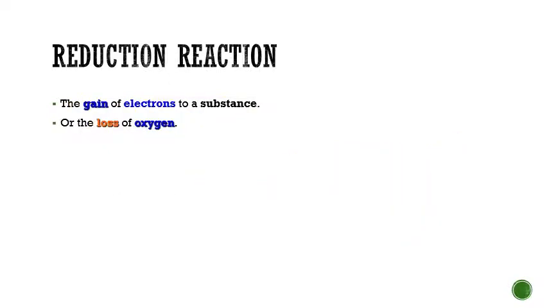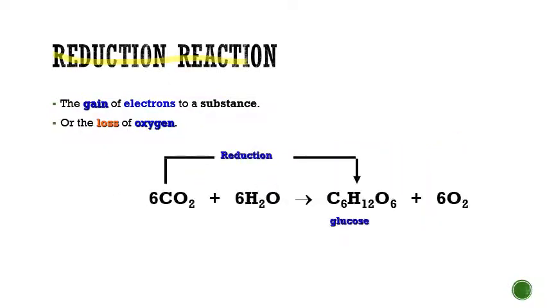In case of a reduction reaction, either the gain of electrons to a substance happens or a loss of oxygen will occur. Again in the same equation, you can see that the carbon dioxide is getting reduced to carbohydrates or glucose. So in the same reaction, we can see both oxidation and reduction, hence it is called a redox reaction.